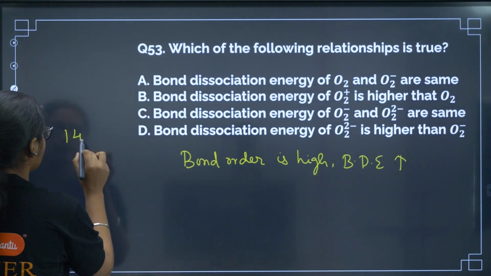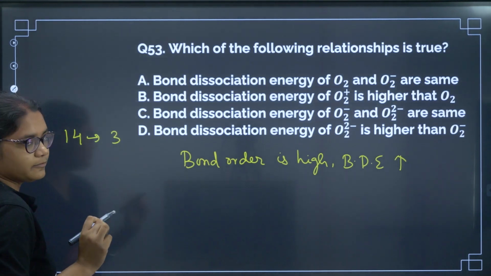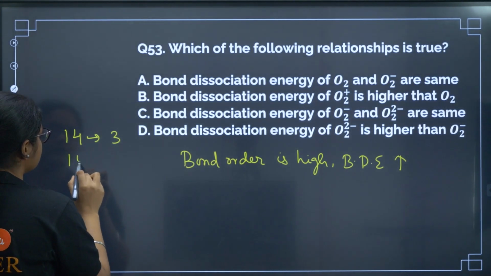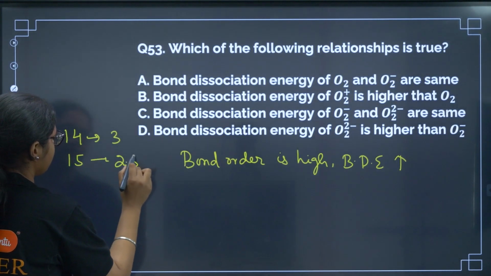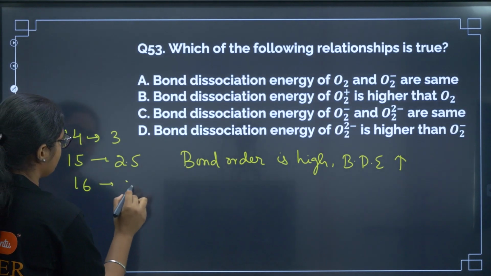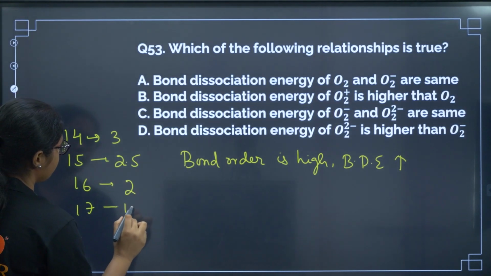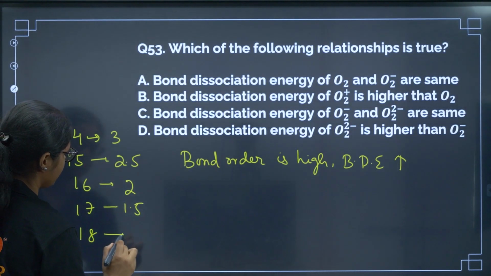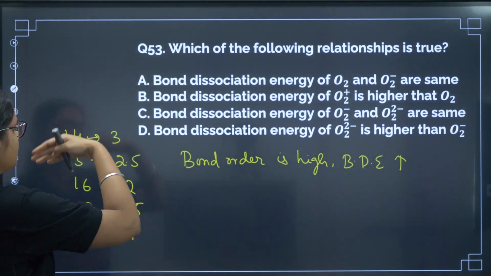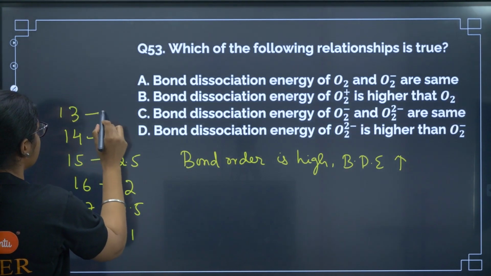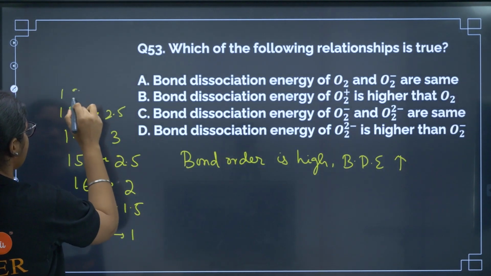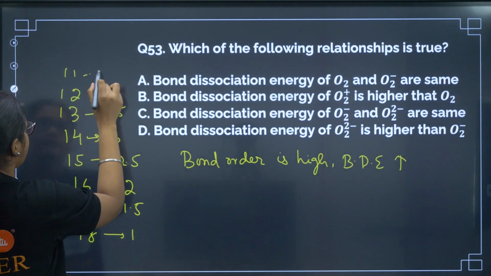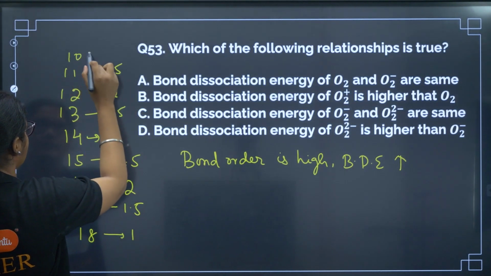If the number of electrons is 14, bond order will be 3. If the number of electrons is 15, it will be 2.5. If it is 16, it will be 2, 17, 1.5 and 18, 1. So you have to decrease by half. Similarly, if you go the other side, 13 is 2.5, 12 is 2, then 11 is 1.5 and 10 is 1.